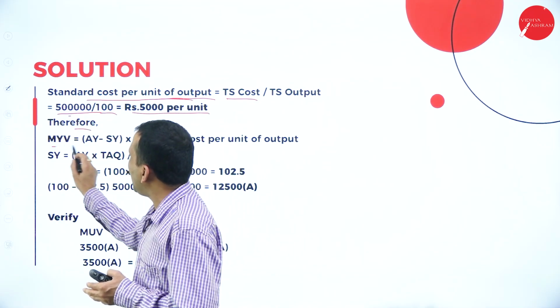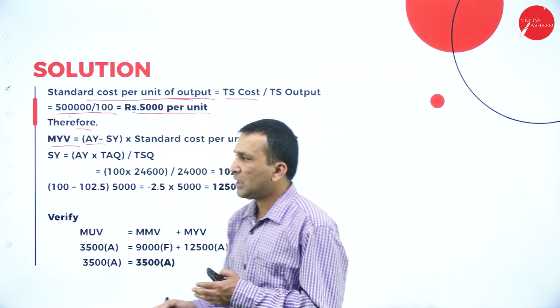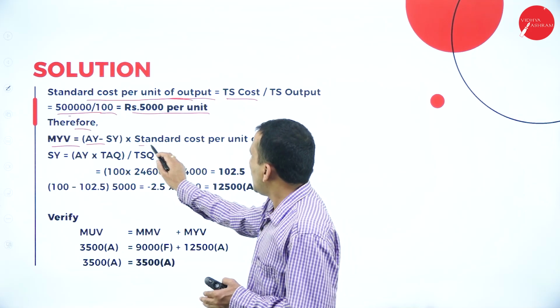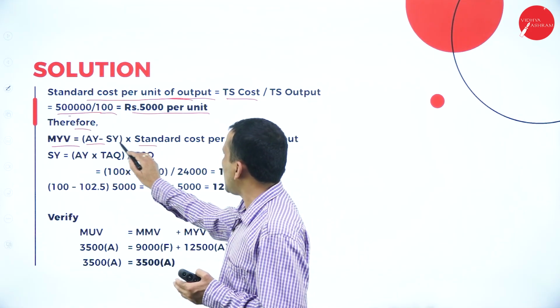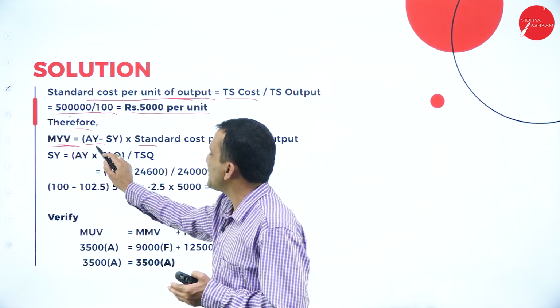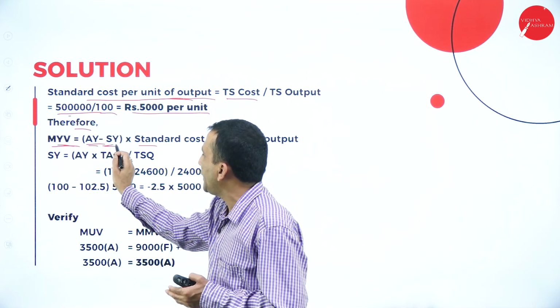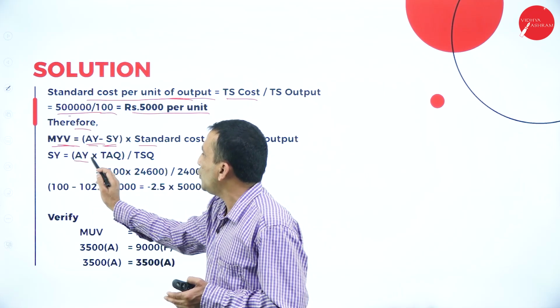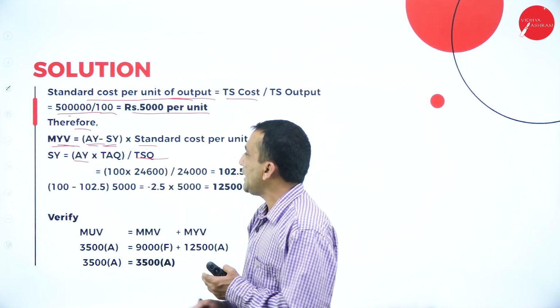So therefore the material yield variance, the formula actual yield minus standard yield into standard cost, we calculated using that formula. See here the standard material yield variance formula, actual yield 100 minus standard yield. Standard yield, how you can calculate? Actual yield into total actual quantity divided by total standard quantity.